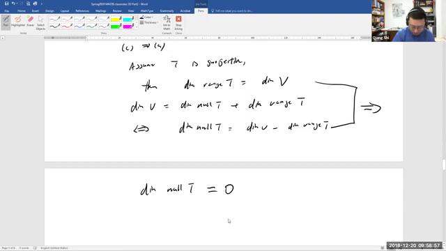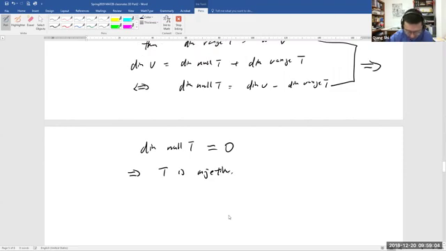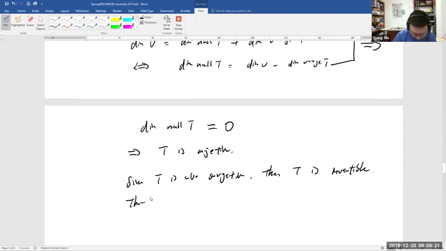So null T is equal to 0, which tells us T is injective. Since T is also surjective, then T is invertible. Therefore, assuming the B part, we proved the A part.